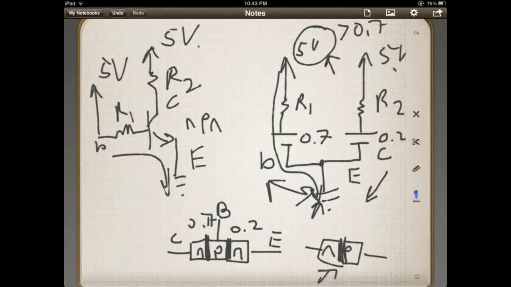Similarly, whatever voltage you connect your collector to has to be greater than this barrier voltage for current to flow through the collector to the emitter. So again, BJTs are all done by current. Everything to do with them is done by current. In order to turn these on, you need certain currents.